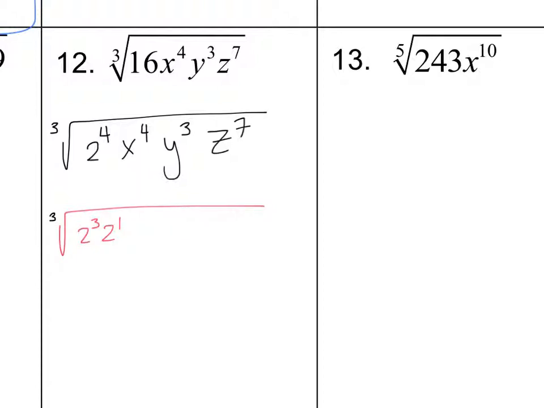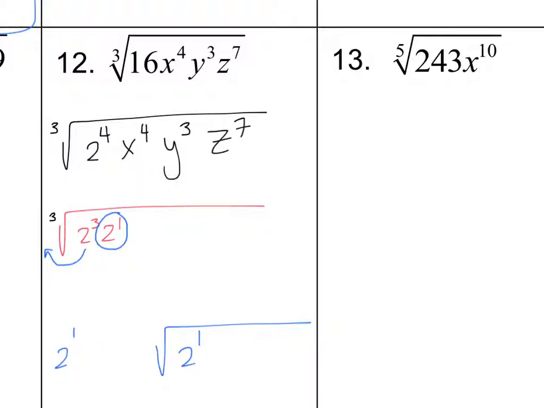As you can see, 2 to the 3rd, 3 divided by 3 is a 1, so this is going to leave the radical. 1 is not divisible by the index, so it's going to stay inside the radical. Okay, so 3 divided by 3 is a 1. And I have this 1 staying inside the radical since the power is not divisible by the 3.